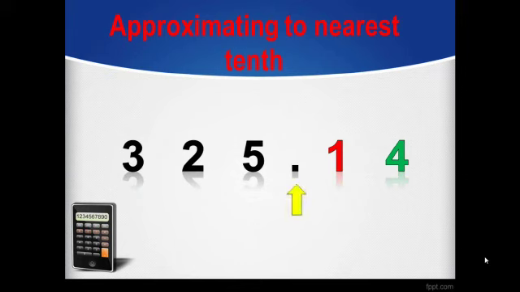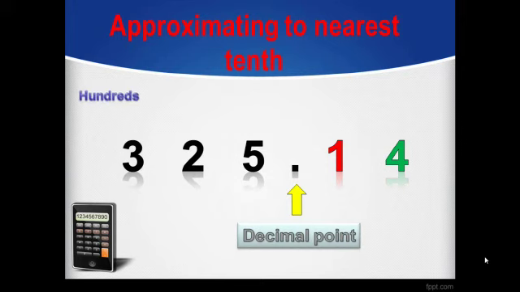This point is called decimal point. About place value, the place value of 3 is hundreds, 2 is tens, and the place value of 5 is units.